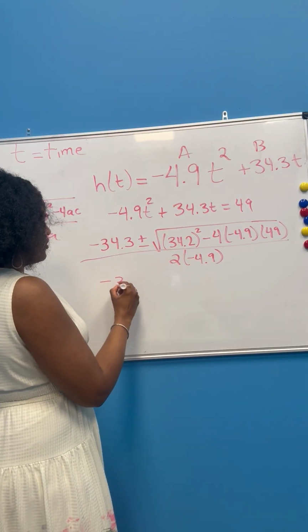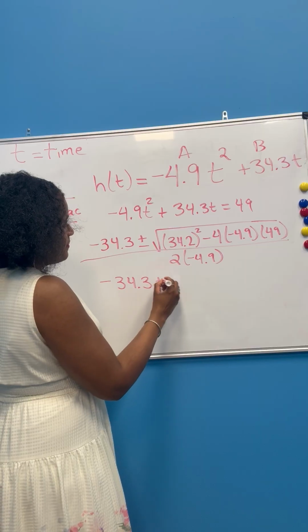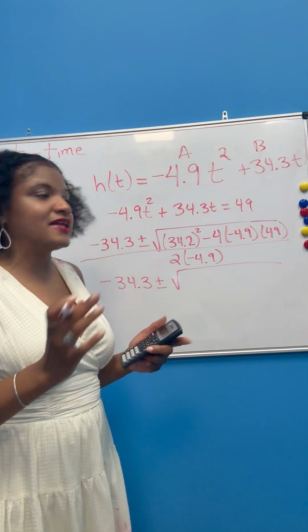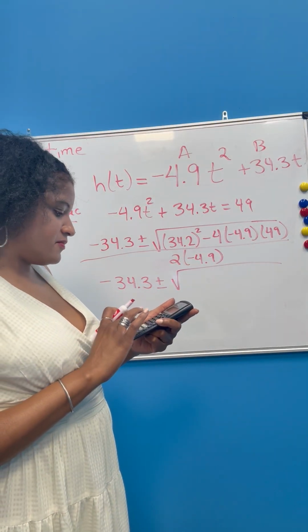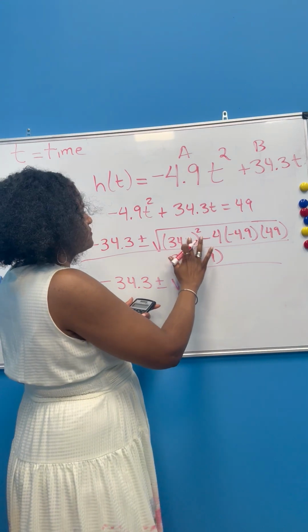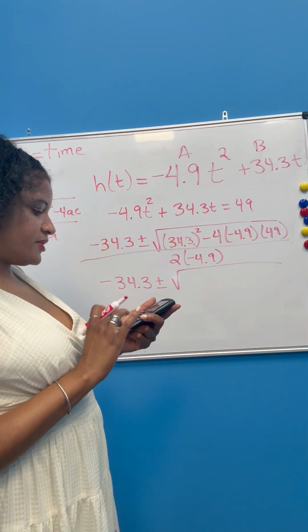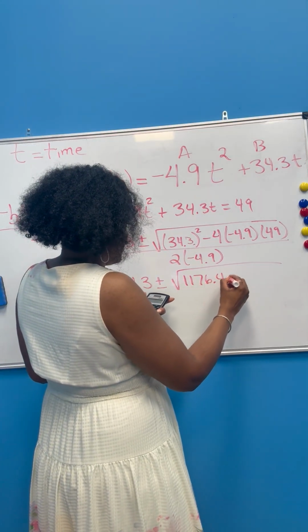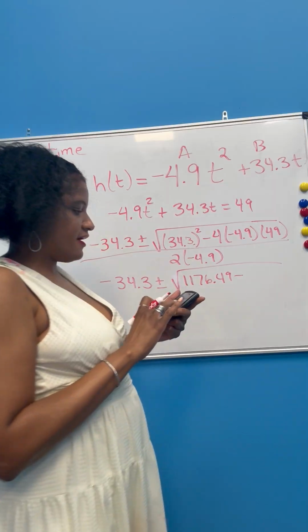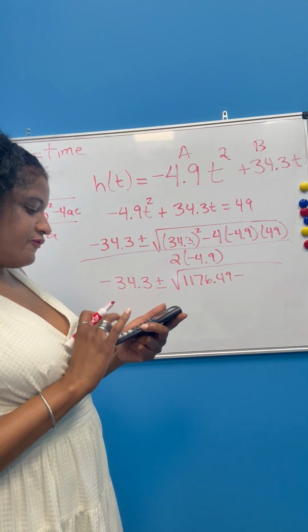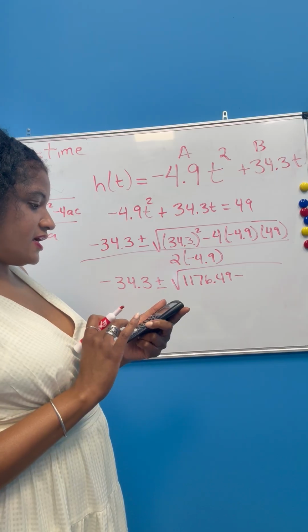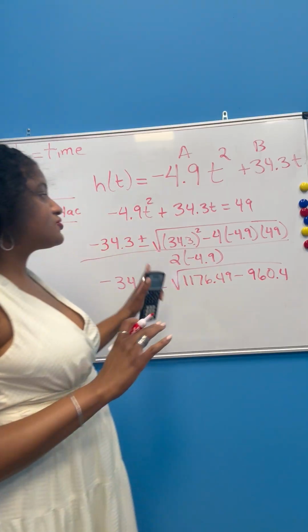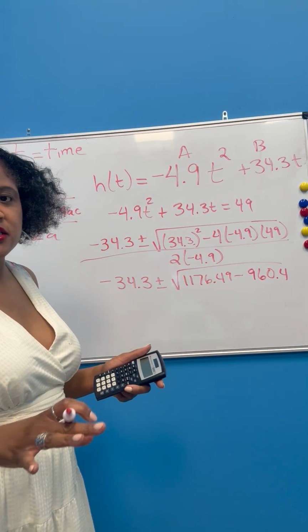This time I'm not going to easily cancel it out because this part is not equal to 0. 34.3 to the second power is 1176.49, minus 4 times negative 4.9 times 49, and that's 960.4. I'm going to leave my denominator off for now just because of space.